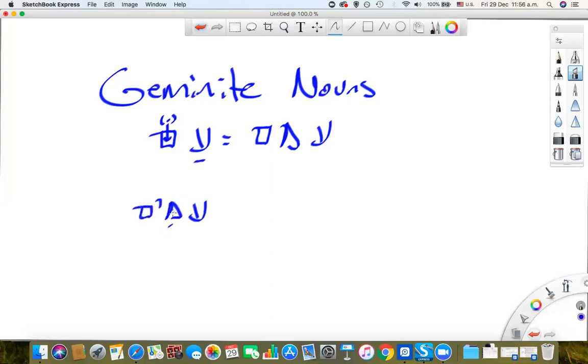That dagesh forte is going to drop. Notice that our final mem here has become just a medial mem there, and our dagesh forte has dropped. Now, what do we do right here? Well, this dagesh forte is going to close this syllable. So remember when we were dividing syllables, this dagesh forte closes that one. We can go like that to indicate it's closing this one and opening that one.